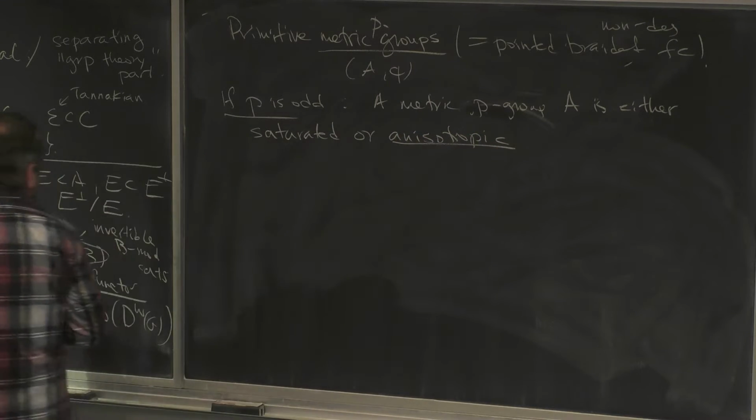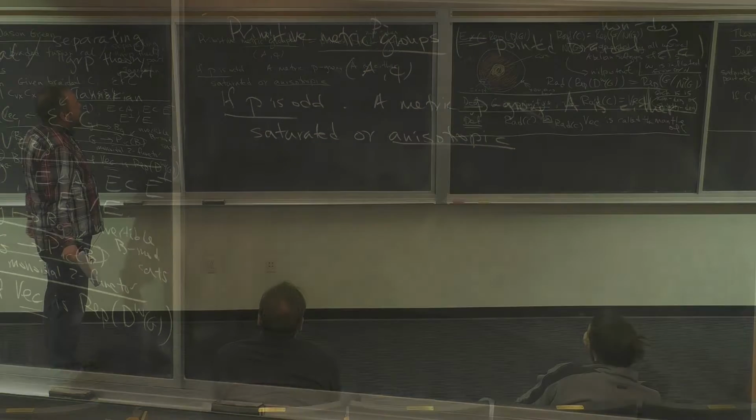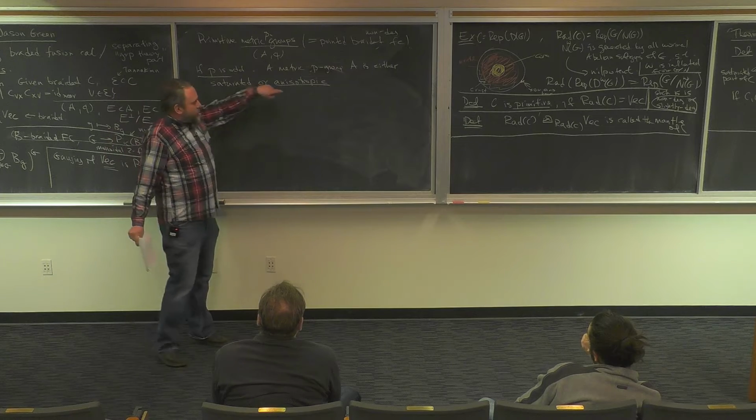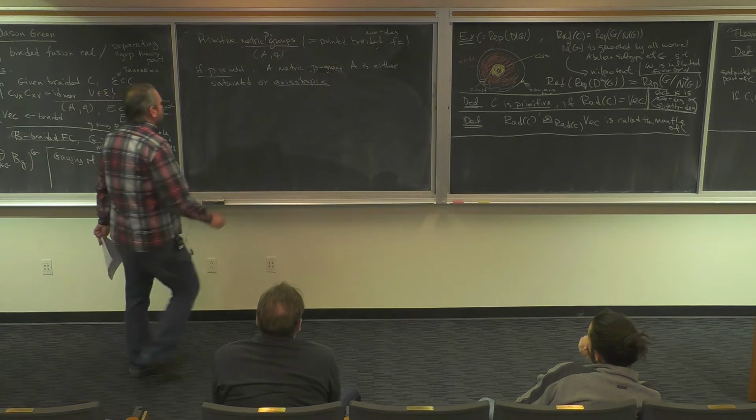Now, anisotropic p-groups, of course, are known. These are generators of the Witt group, right? So those are known.